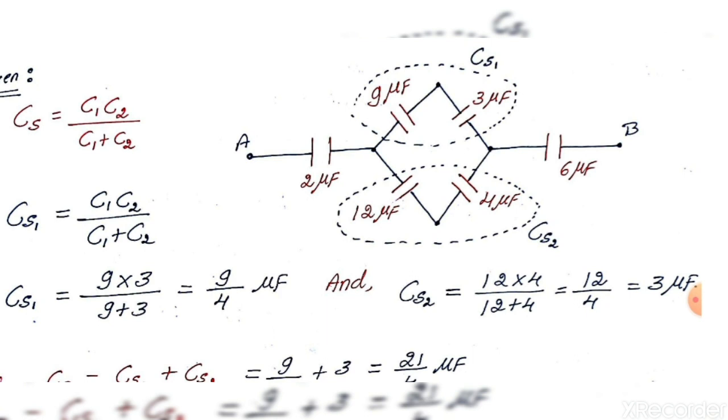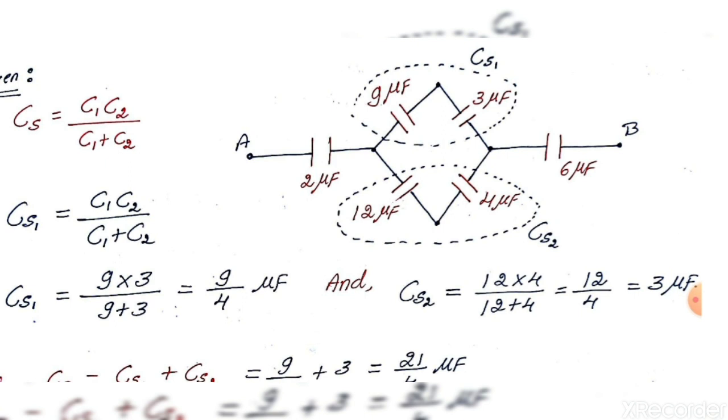Next look at the lower part of the quadrilateral, 12 and 4 microfarad. Those two are again in series, hence it is CS2, the second series combination. Solve this also by using the series formula. So here 9 and 3 are in series, 12 and 4 are in series. Solve them separately.